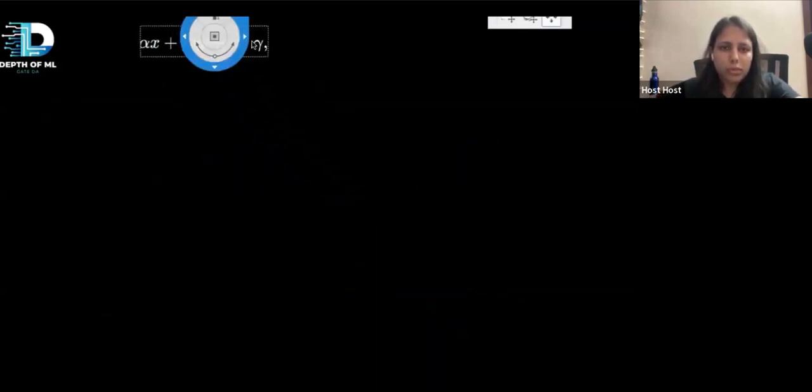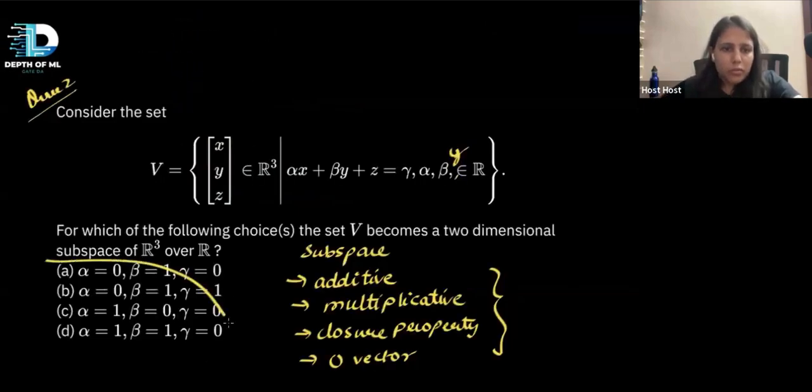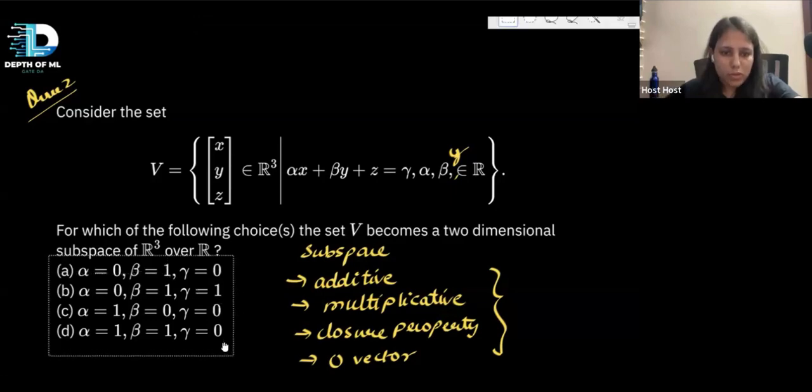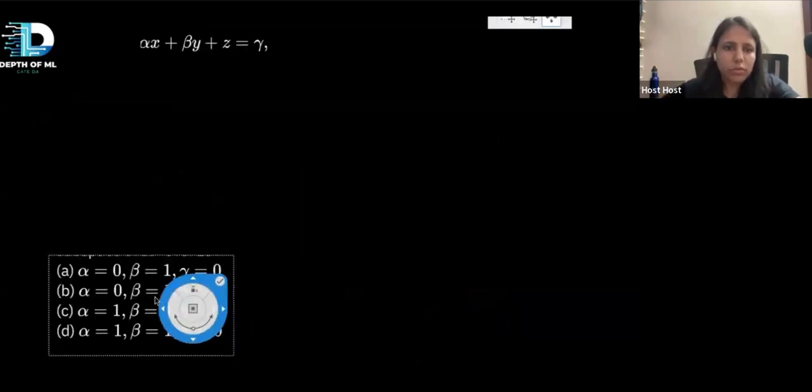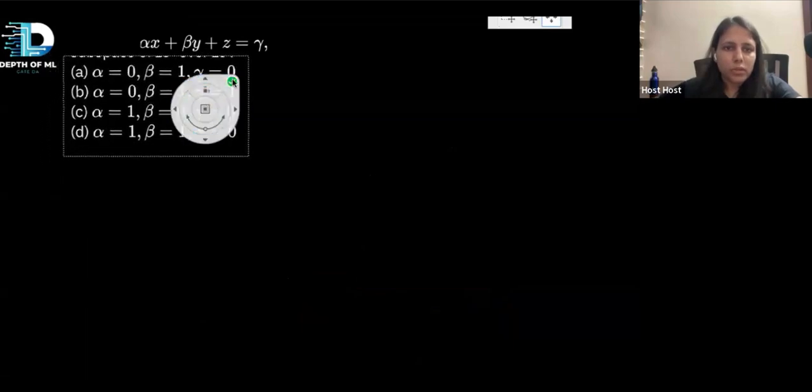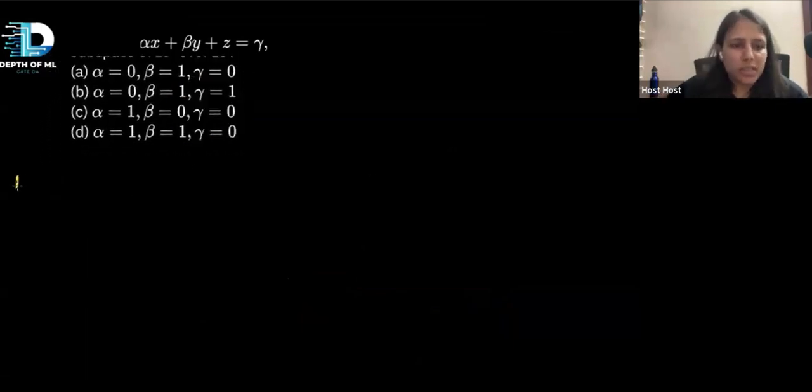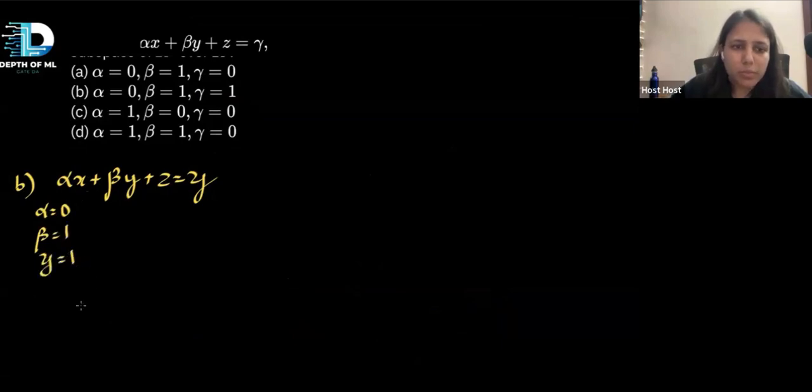Let me do this here. So, okay. These are my equations, right? So let's see the example B, right? Alpha x plus beta y plus gamma z is equal to 0, and they've given us alpha is equal to 0, beta is equal to 1, and gamma is equal to 1, right?